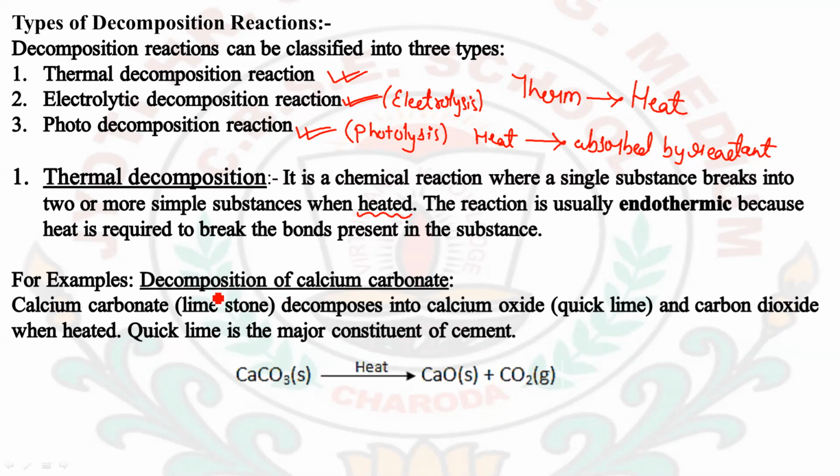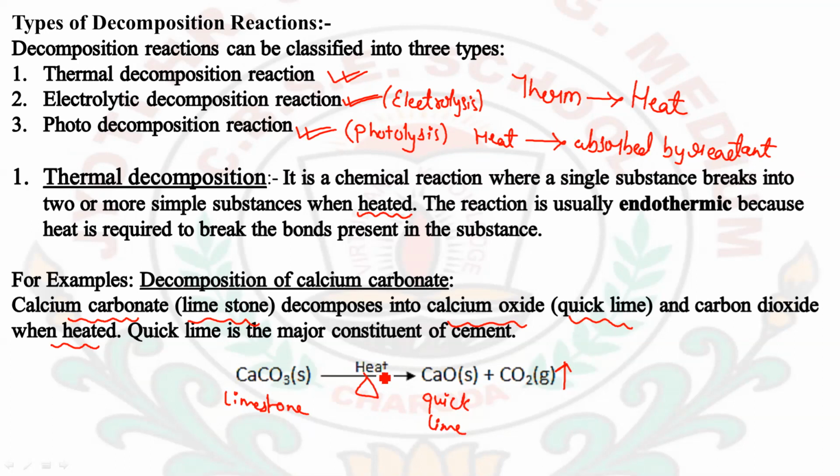Next let's take an example for this endothermic reaction or thermal decomposition reaction. When calcium carbonate or limestone is decomposed by heating into calcium oxide, which is also known as quicklime, and carbon dioxide, quicklime or calcium oxide is produced and carbon dioxide is released.